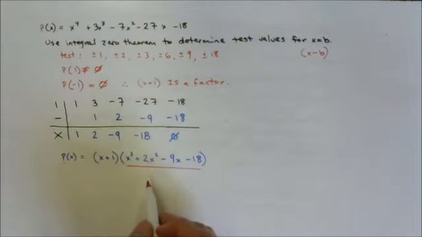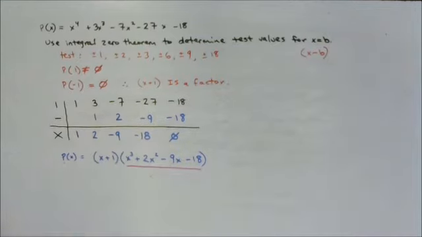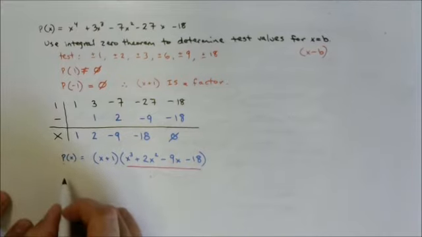The other method that you can use, if you see that something here looks good, looks helpful, you can use factor by grouping. So I'm going to say method 1, which I'm not going to do.